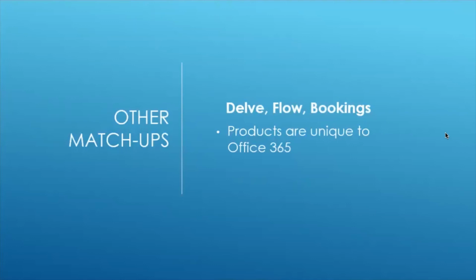Bookings keeps track of your meetings, but it also allows external integration into a website or email so that you can reach out to clients as well and have them have an option to schedule meetings or appointments or visits or whatever else you need. So anything that falls within those three categories is completely unique to Office 365. If it sounds like something you need, that is where you are going to find those options.